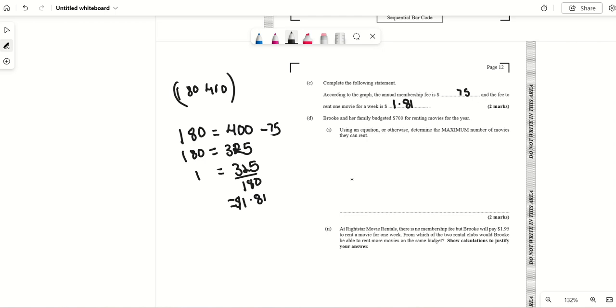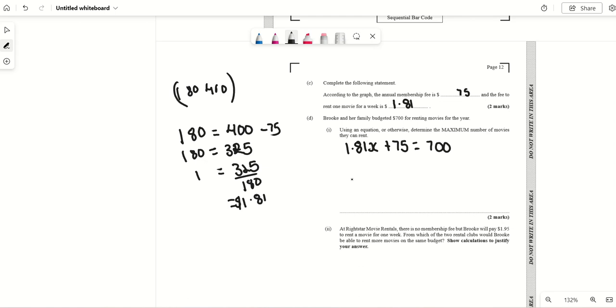Then they say Brooke and her family budgeted $700 for renting movies for the year. Using an equation or otherwise, determine the maximum number of movies she can rent. So we know that your gradient is 1.81. So 1.81x, remember, y equals mx plus c, plus 75, which is your y-intercept, is equal to how much she's spending, which is 700.